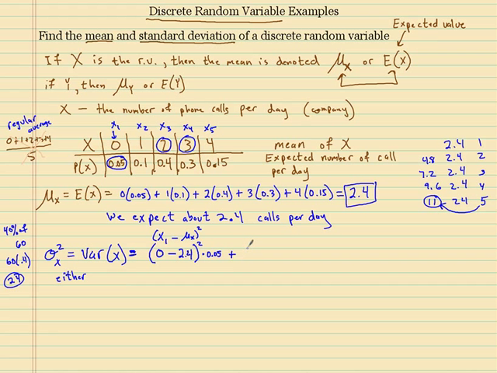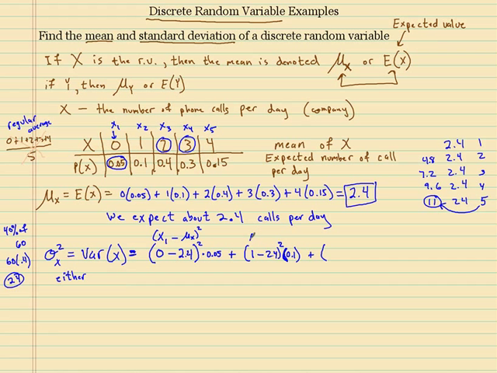So I want to add. Now do the same thing. So this is my x2 minus the 2.4 squared times 0.1. And I'm going to put a parentheses there, because I don't want you to think the times sign is a decimal.